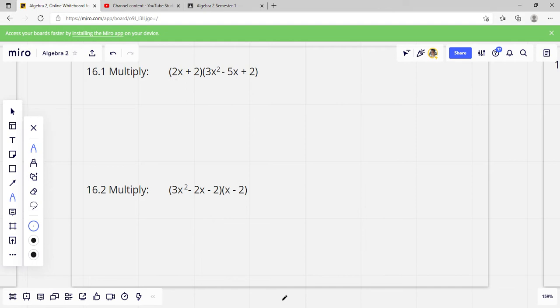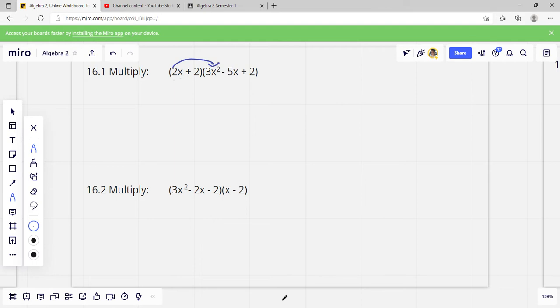So all I have to do is multiply every term in here times every term there. I'm going to have 6 multiplications, right? To do that, I like to call it rainbow because I'm going to draw a little rainbow.